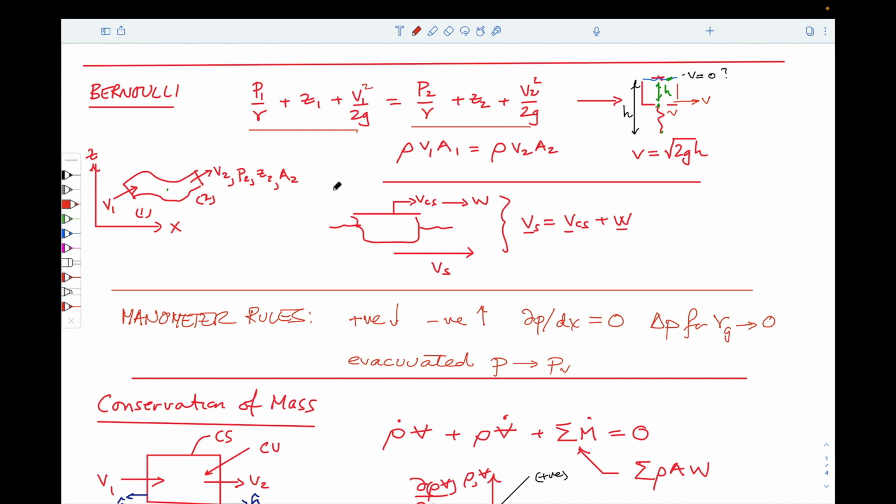I guess there's a squared on that term as well. If we only know 4 of these parameters, then we can close the system of equations by using conservation of mass that just says that the mass rate in, or the volume rate in, is equal to the mass rate out. Nothing more involved than that.